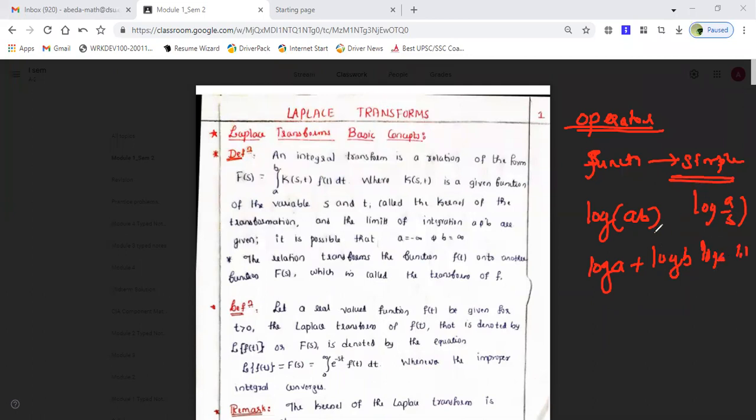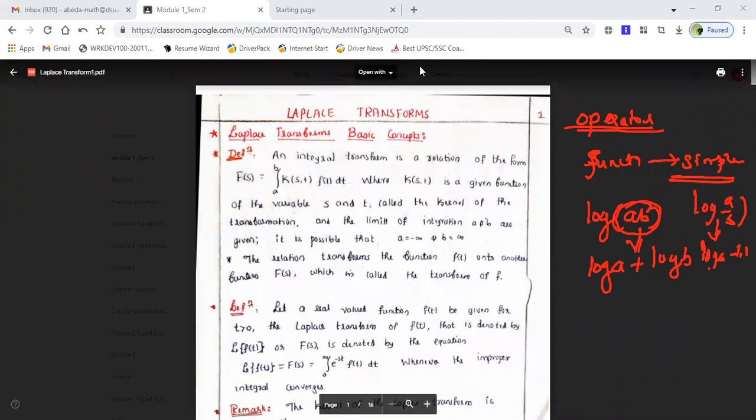So I'm converting the logarithm of a multiplication into a logarithm of addition, and the logarithm of a division into a logarithm of subtraction. I'm just giving a hint. This is a mathematical operation which converts a function to a simpler form.